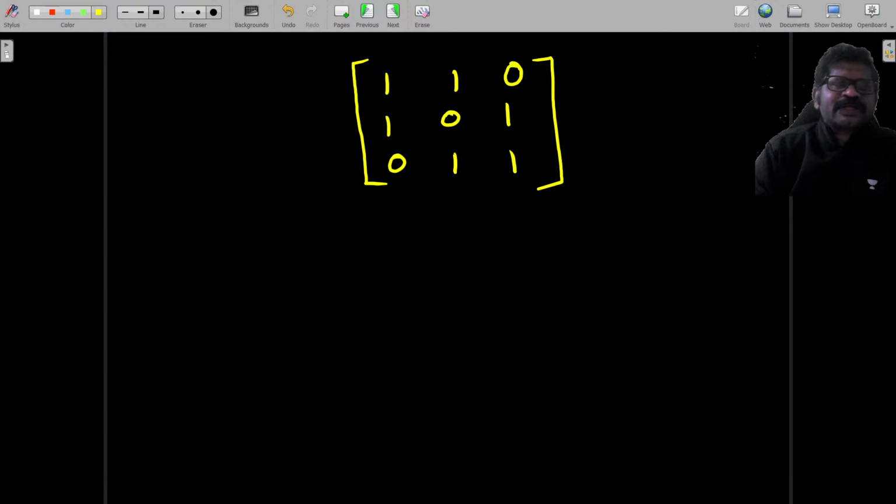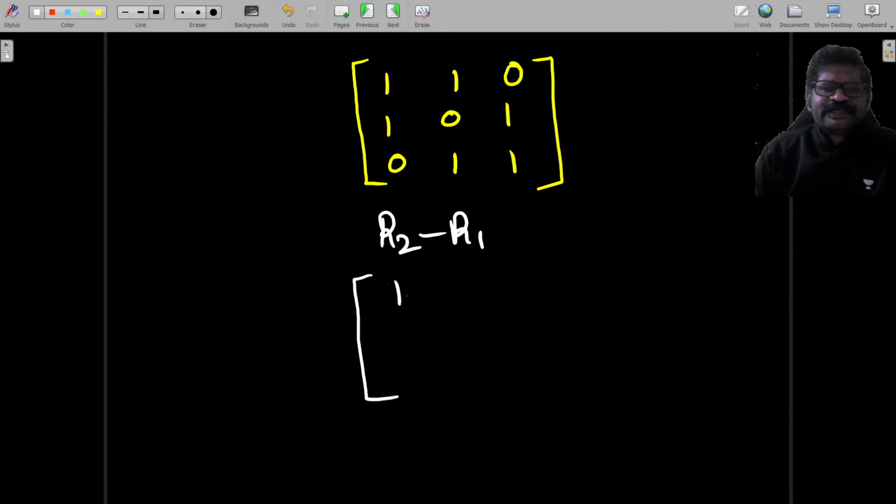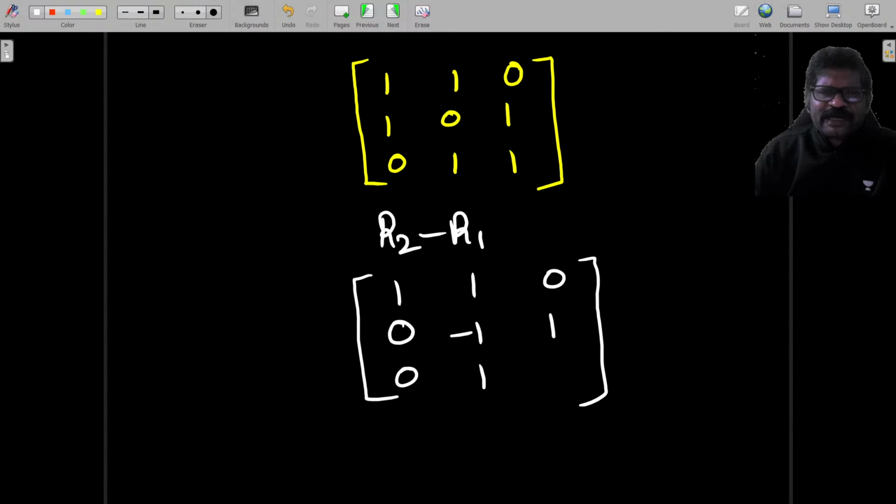Now apply the operation R2 minus R1. By applying R2 minus R1, we get 1, 1, 0, 1 minus 1, 0, 0 minus 1, 1 minus 0, 1, 0, 1, 1. Now it is not in echelon form. That's why we have to apply another operation, R3 plus R2.